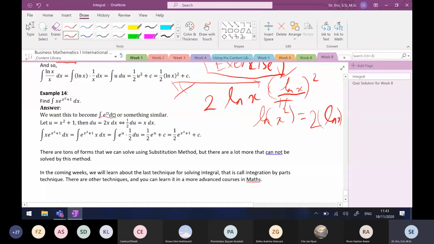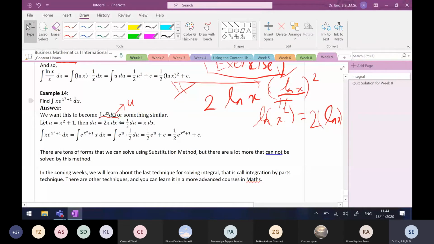What is u? It is very simple, because it shows up as e to the box. The box should be x squared plus 1. You can look at this directly. So u equals x squared plus 1, to make it e to the power of box.